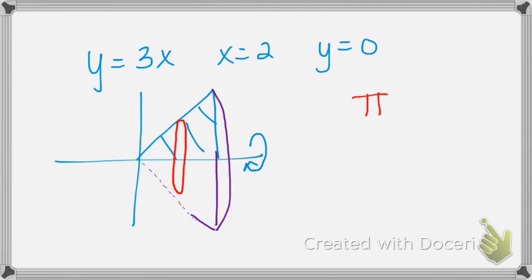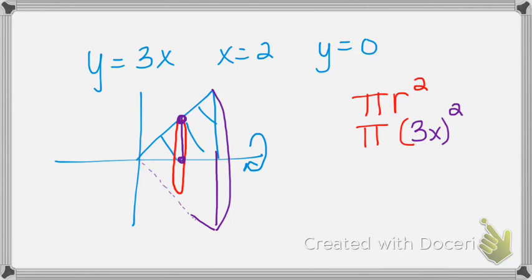The area of the circle would be pi r squared. Alright, so the radius here is the distance from the curve to the x-axis, which is what you're rotating around. So the distance of the radius is 3x. So we're going to put a 3x in there.